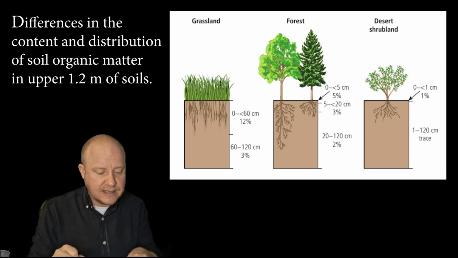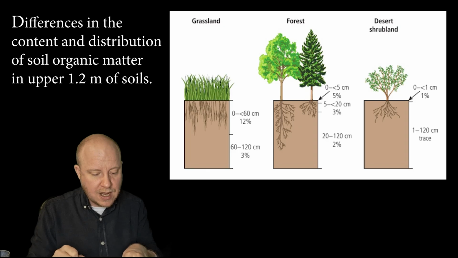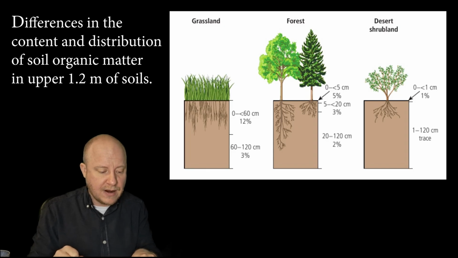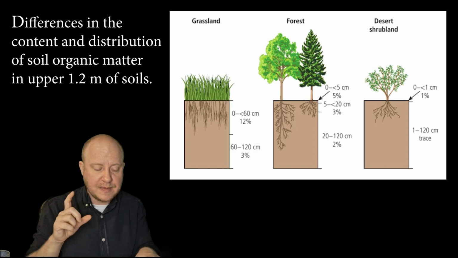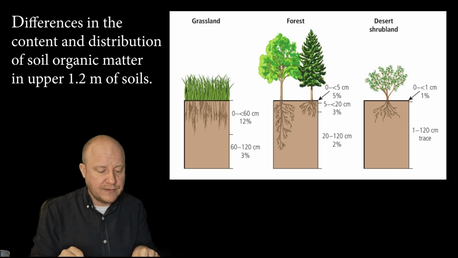Nevertheless, the amount, type, and distribution of incorporated organic matter varies between different soils. You can see figure 5.9. So there are different types of soil in different places. The grassland has the highest proportion of organic matter, 12%, found in the top 60 centimeters of the soil.